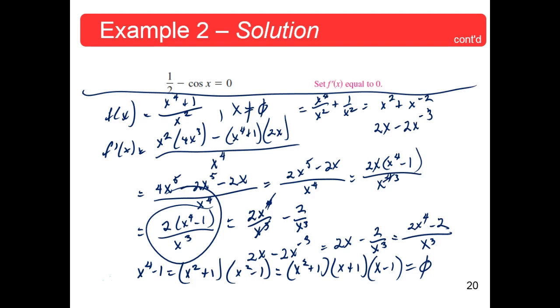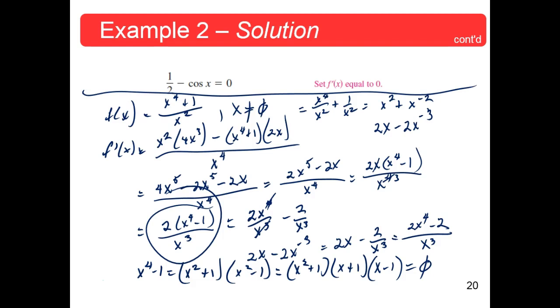Well, let's see. Is x squared plus 1 ever equal to 0? Not in the real number system. In complex numbers, maybe. Yes, you can make it. Not in the real number system. Because you square any real number, it's going to be positive, add 1 to it, even more positive. 0 wouldn't be positive or negative, but add 1 to it, it still would be positive. Okay? So this doesn't contribute anything.